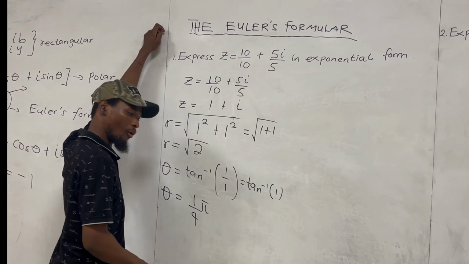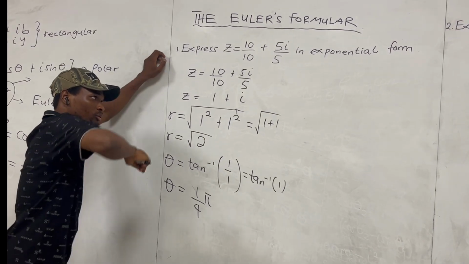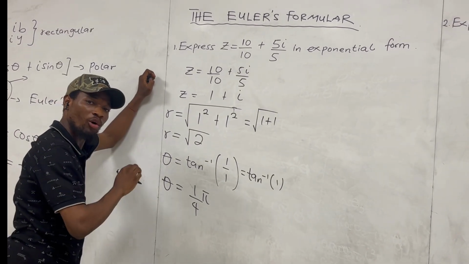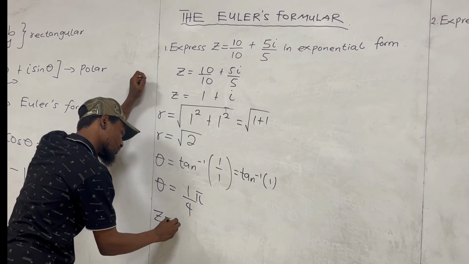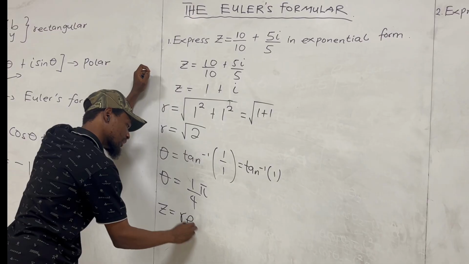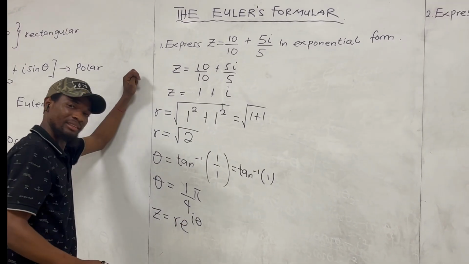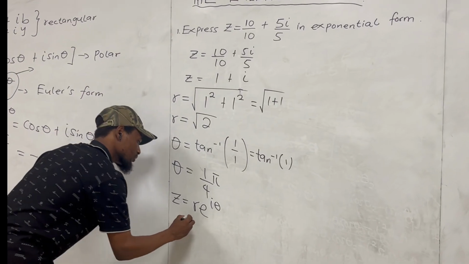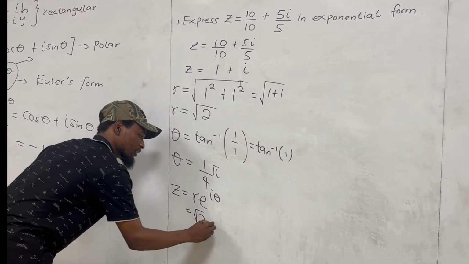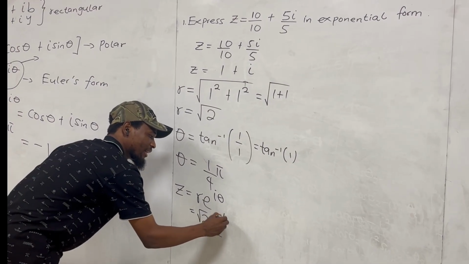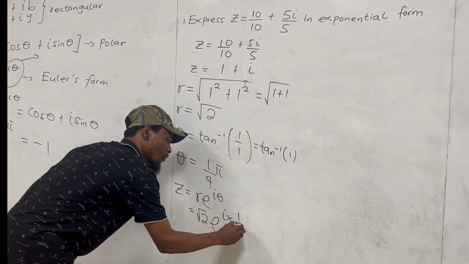Now, in the exponential or the Euler's form, you know that z is equal to r times e to the power i theta. r is root 2, then e to the power i times theta, which is pi over 4.